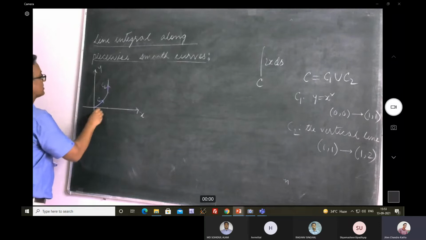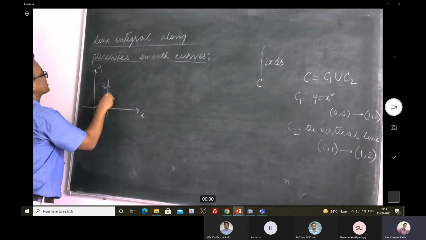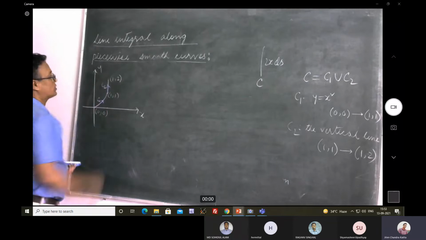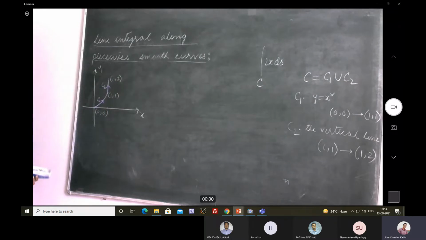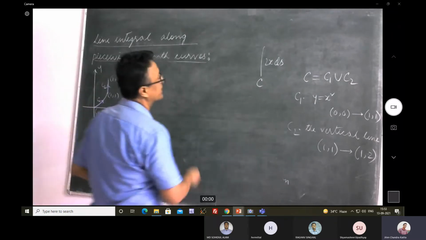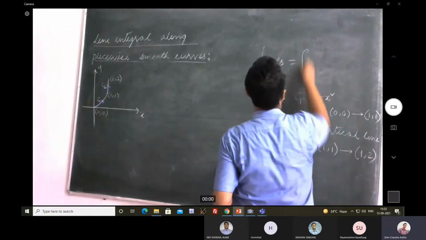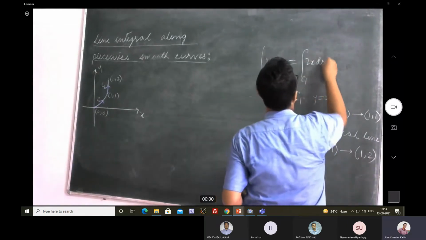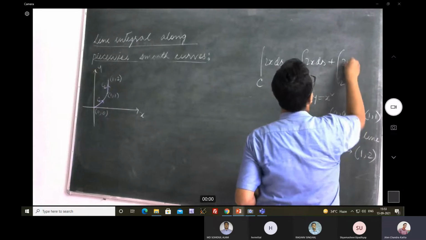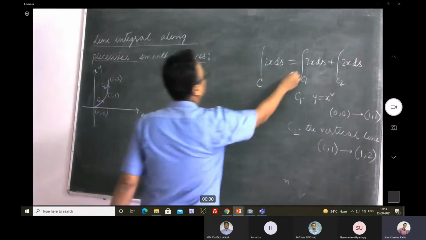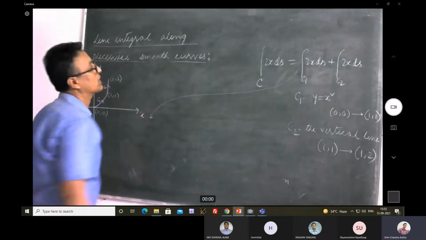So this is (0, 0), then this is (1, 1), then this is (1, 2). Then obviously this is simply going to be the integral over C1 of 2x ds plus the integral over C2 of 2x ds.